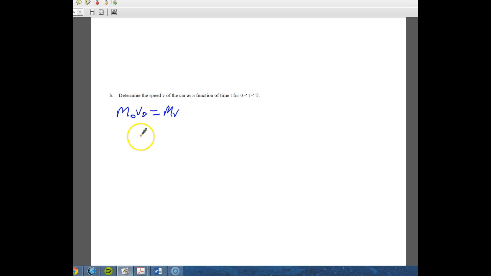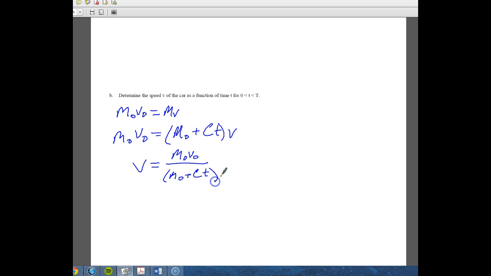So we're going to substitute into this expression what we had in the previous. So we know that m0 times v0 is equal to, and then for the mass here, we're going to put m0 plus Ct times that velocity. And then for the correct answer, you've got to solve for this velocity or they won't give you all the points. So here v is equal to m0v0, and that's divided by m0 plus C times t.